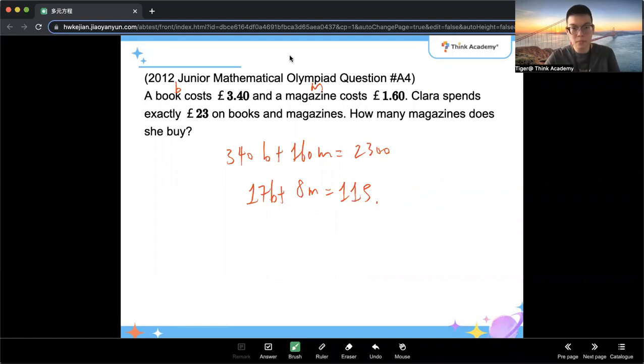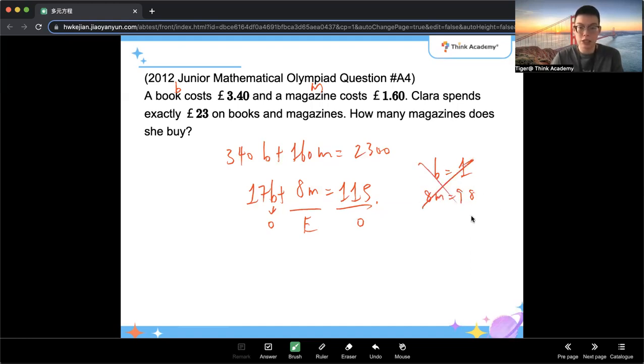Right? So what we can do here is a bit of the odd-even analysis, because we know that this is even and this is odd. So it means that B has to be odd as well, right? First of all, we can try B equals 1. When B is equal to 1, it means that 8M is 98, which is not divisible by 8.